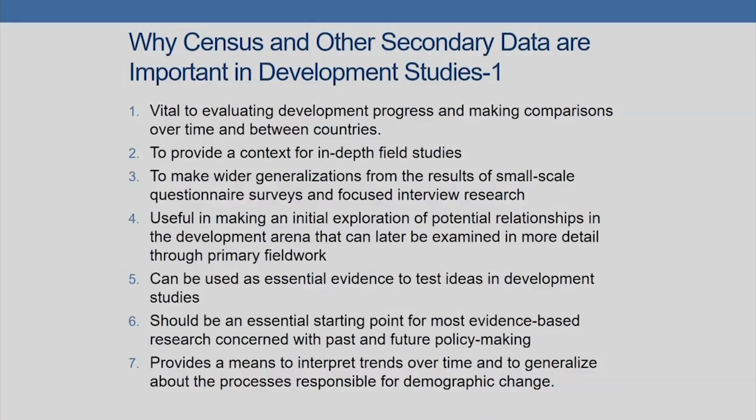Post independence, we do have census data available from 1951 onwards, and this is how it enables us to compare very basic indicators that contribute to our larger study over a period of time. So, it provides a context for in-depth field studies.